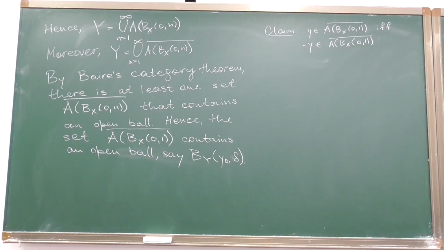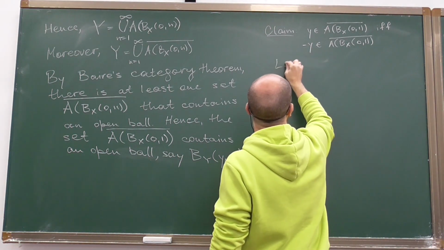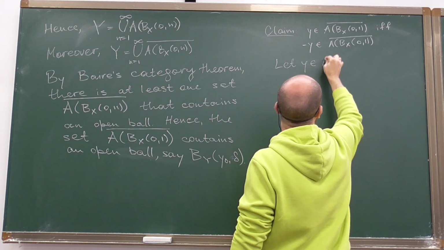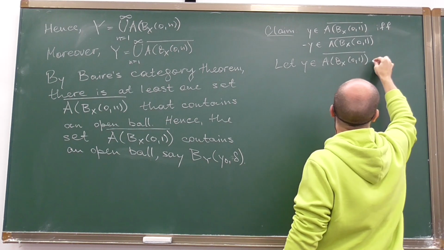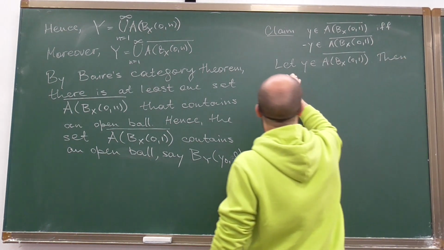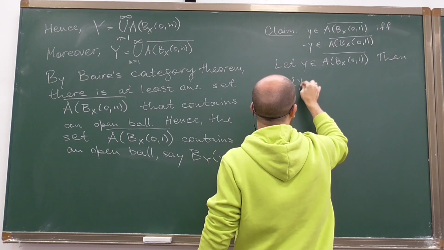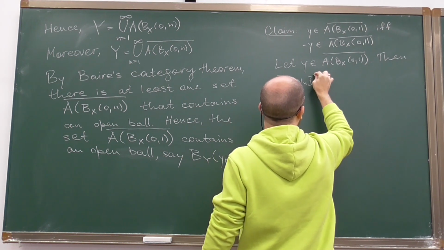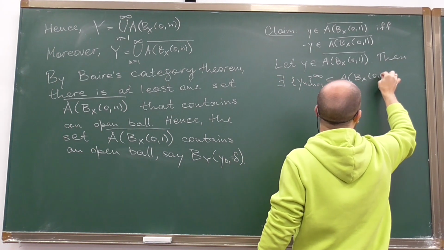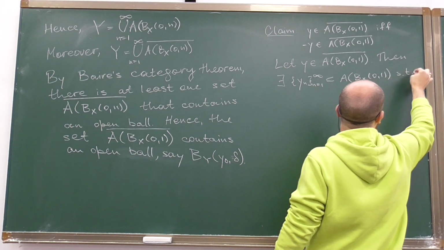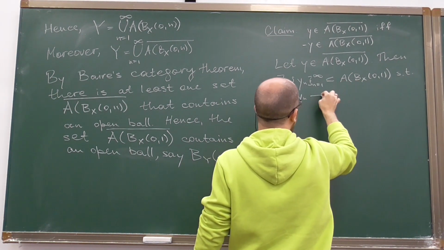Well, by the definition of closure, the fact that y belongs to this closure means that there exists a sequence of elements which converge to this point y. So let us take y from this set. Then there exists a sequence yn from the image itself, such that this yn converges to y.